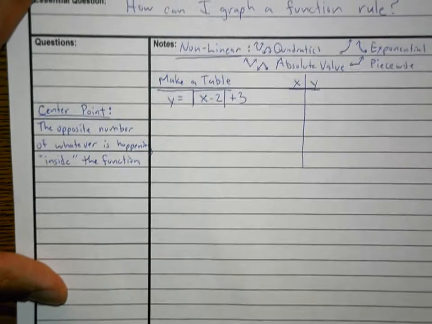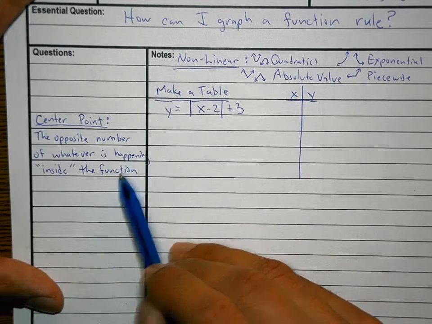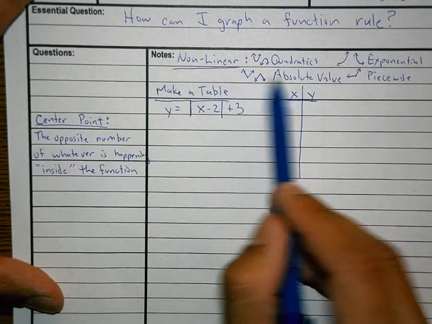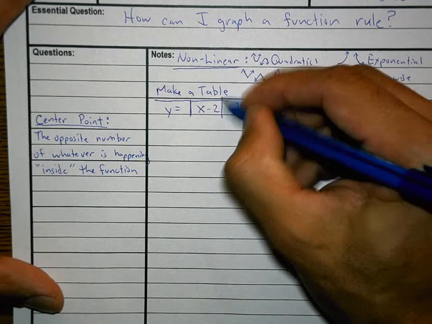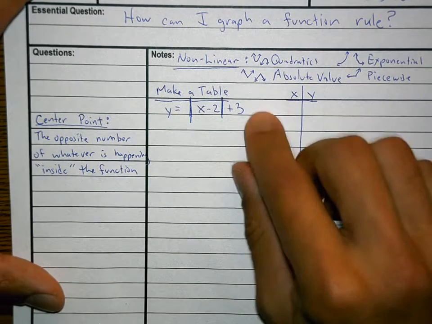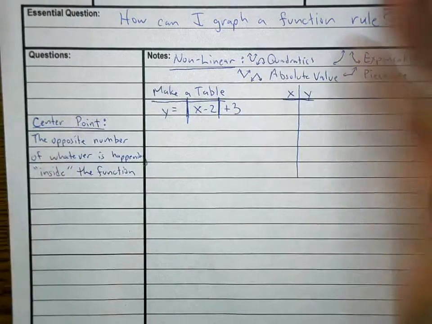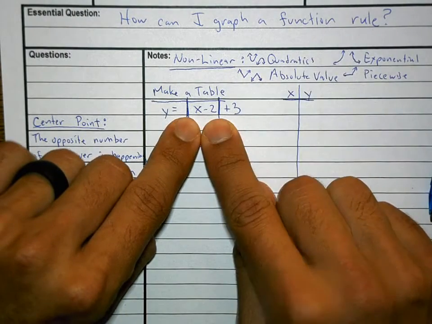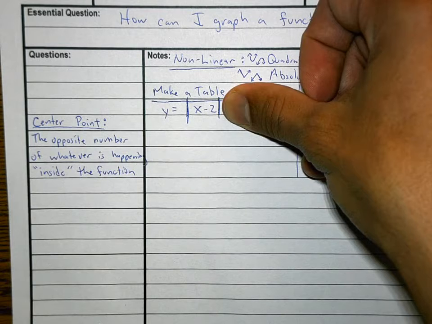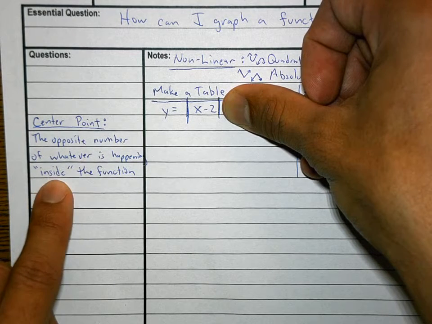In this example that I have here, the function is the absolute value function because I have these absolute value bars right there. And so if I'm looking at this, 3 is outside of the absolute value function. I can ignore the 3 because it's not inside the function.